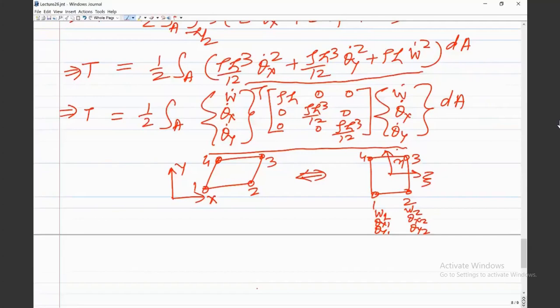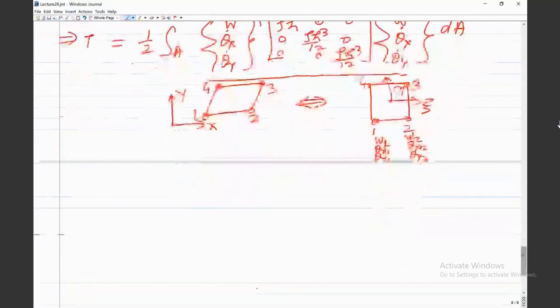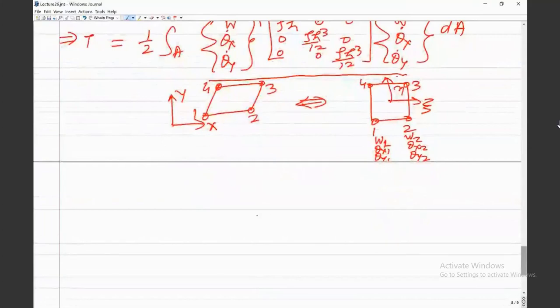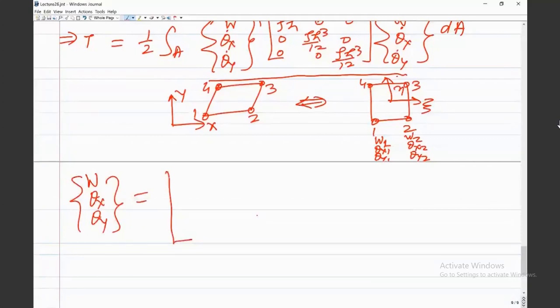So now if you look at the interpolation for w, theta x, and theta y, and then the interpolation for w dot, theta x dot, and theta y dot, you know that w, theta x, and theta y will be basically, now the degrees of freedom vector, let me write.